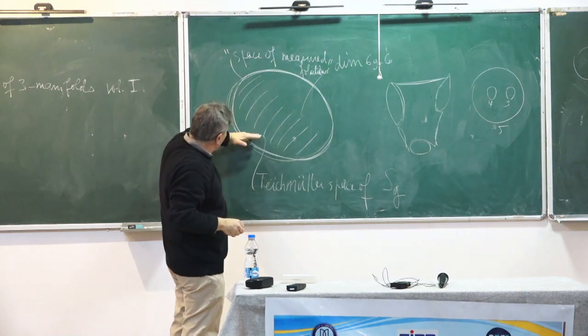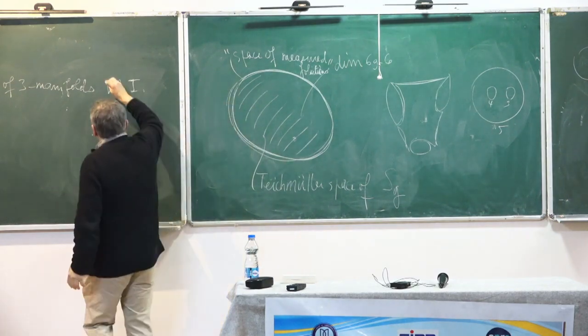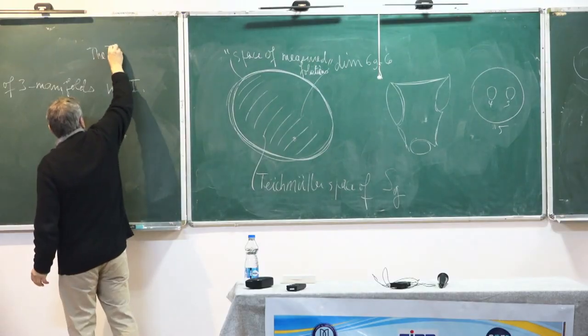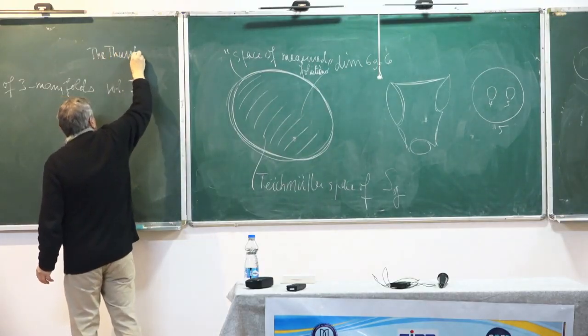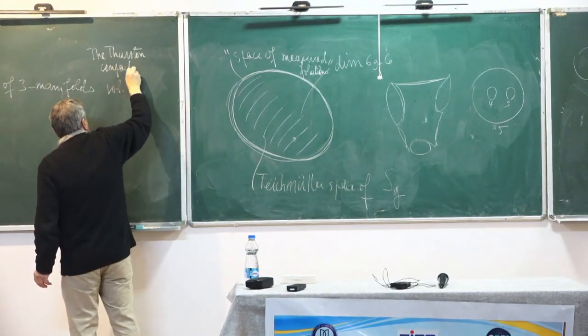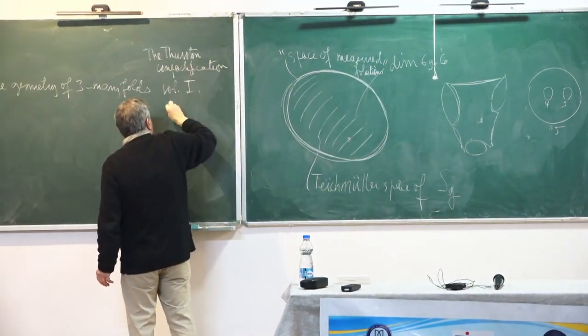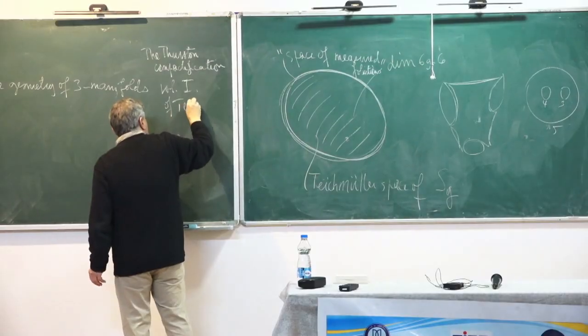And the union of the two is called the Thurston compactification of Teichmüller space.